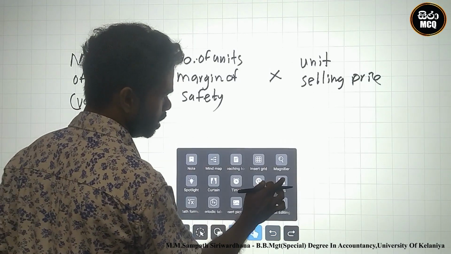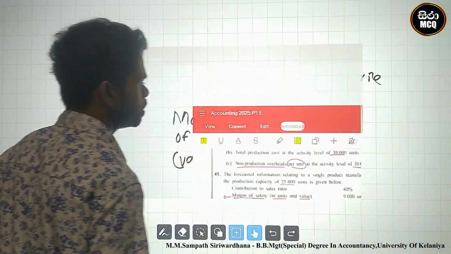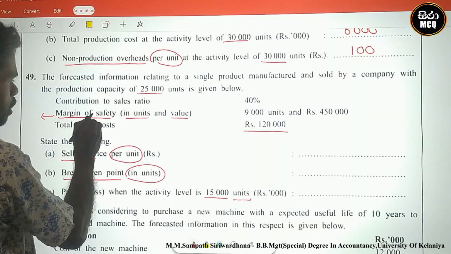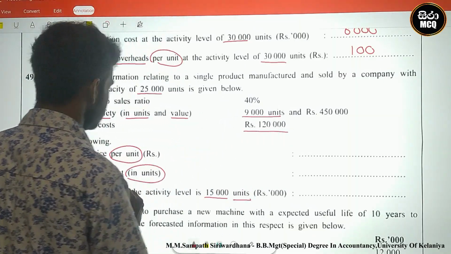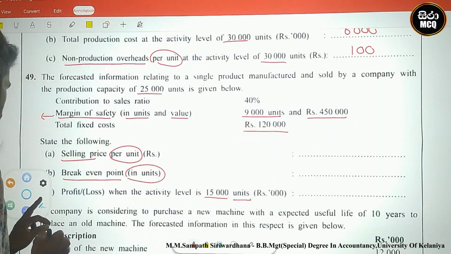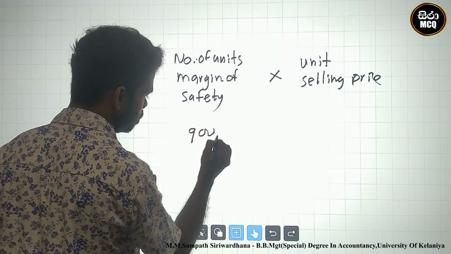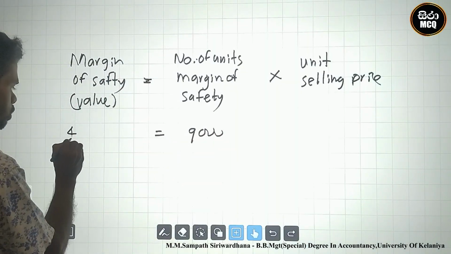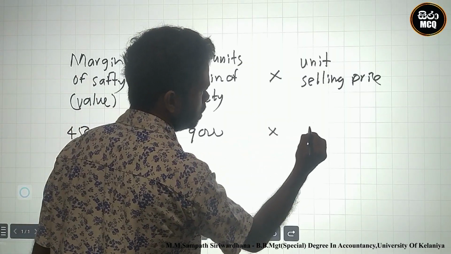The question gives the margin of safety in units and value: 9,000 units, and 450,000 is the rupee value. How can we calculate the selling price?